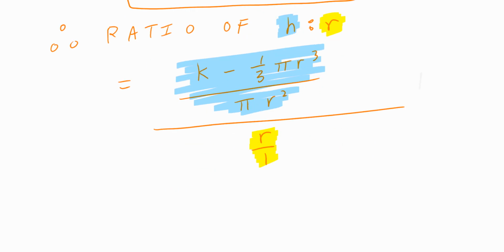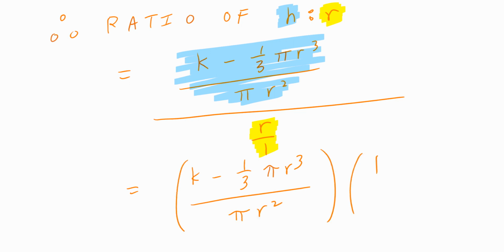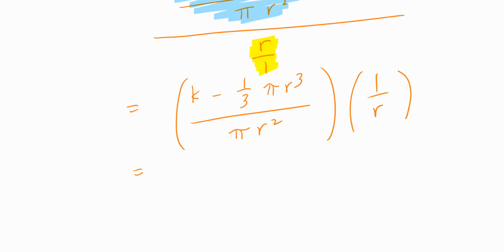When you think of a fraction divided by a second fraction, that is the same as the first fraction multiplied by the reciprocal of the second fraction. So it's going to be k minus 1 over 3 pi r cubed, divided by pi r squared, multiplied by 1 divided by r. If you keep going, this equals k minus 1 over 3 pi r cubed, divided by pi r cubed.